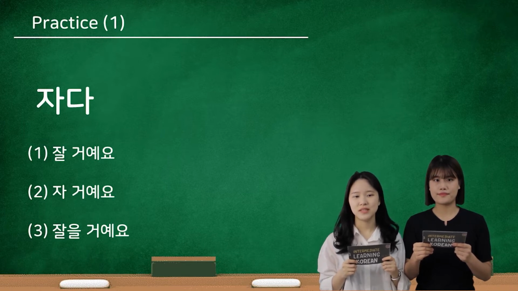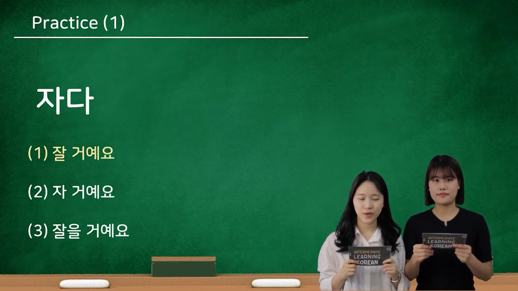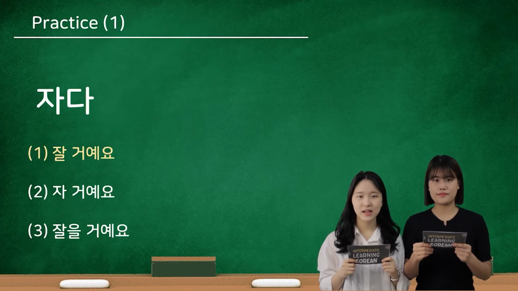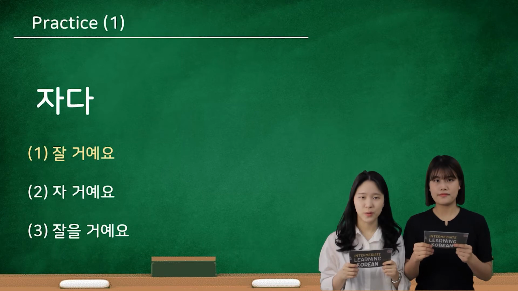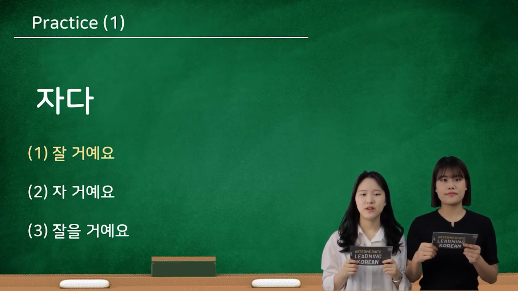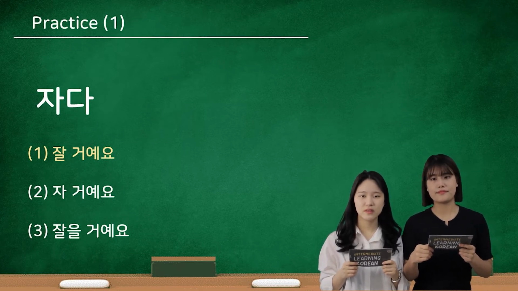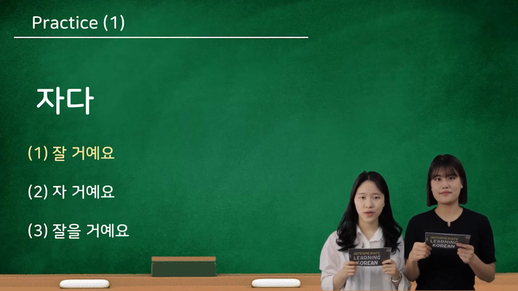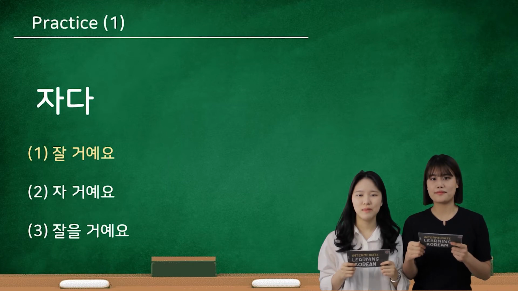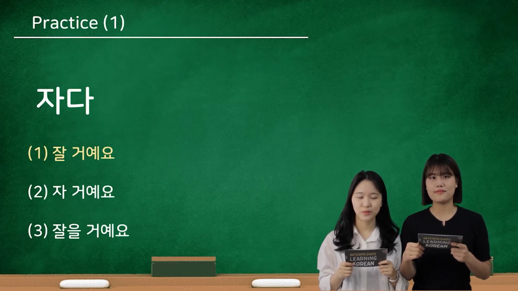Yes, good job. It is 잘 거예요. Okay, repeat after me. 잘 거예요. It's because there is no final consonant in the verb 자다. 리을 거예요 is used to become 잘 거예요.